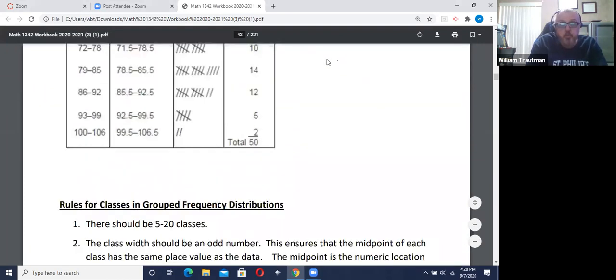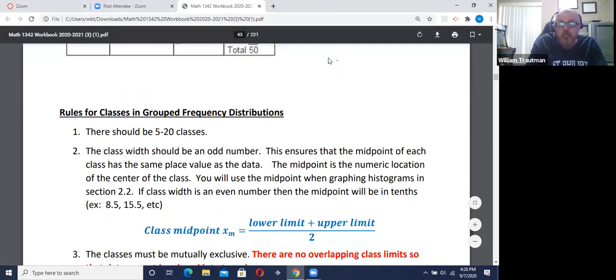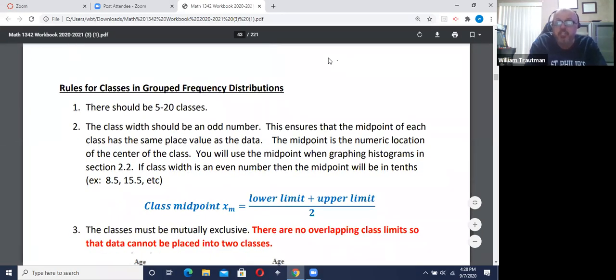So here are the rules for creating your own frequency distribution table. We're actually going to do this, I believe in week 4, I have an assignment in class for you to do. So it's really important that you understand how to do this. You're going to create your own frequency distribution table.